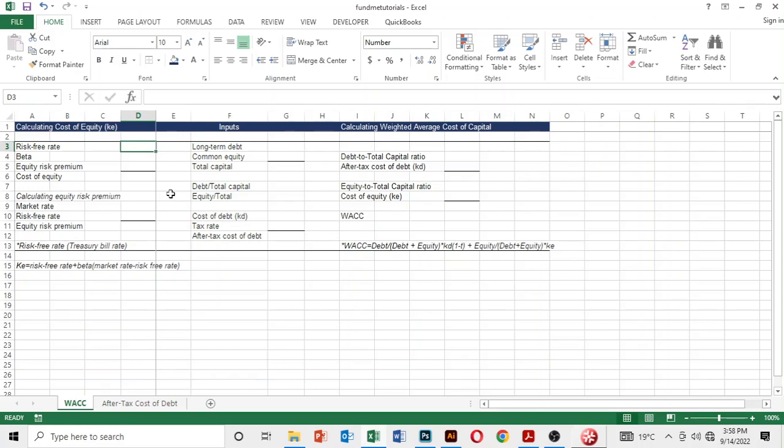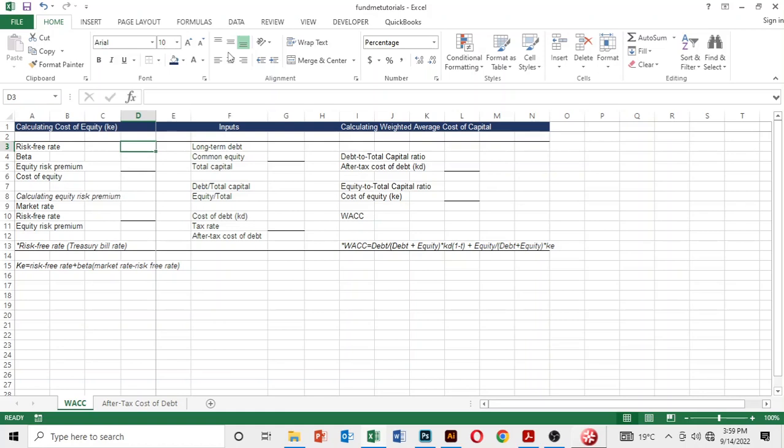So let's just say the risk-free rate, the treasury bill rate, is 1% or 2%. We want to change that cell to be a percentage.